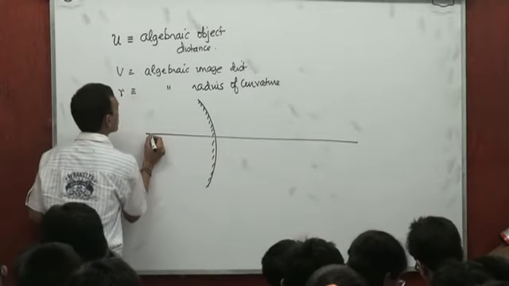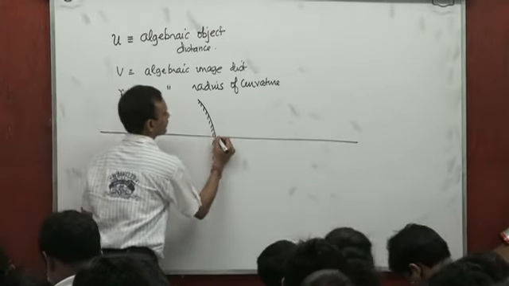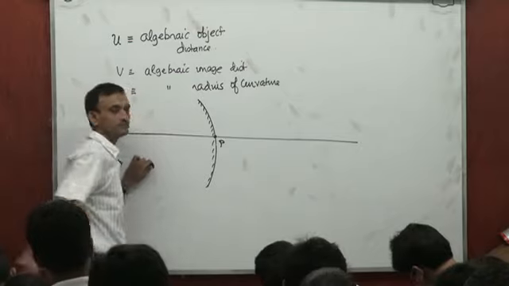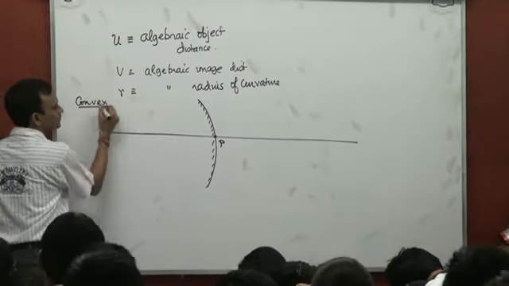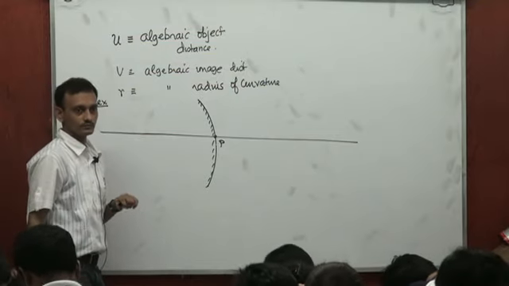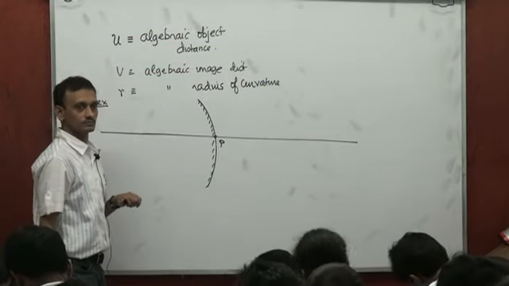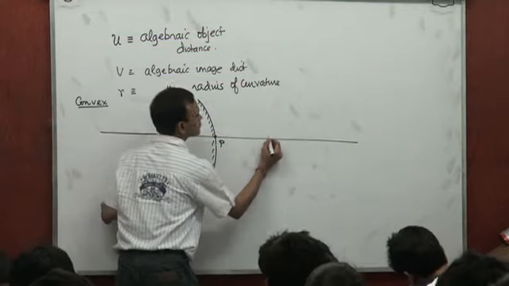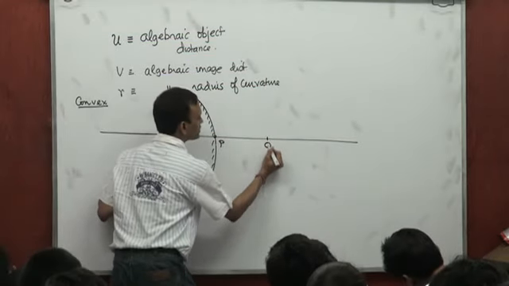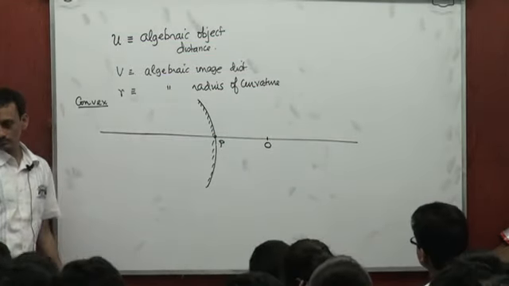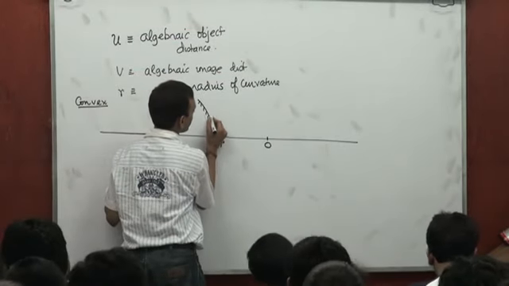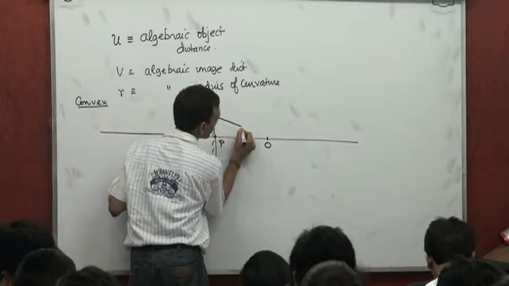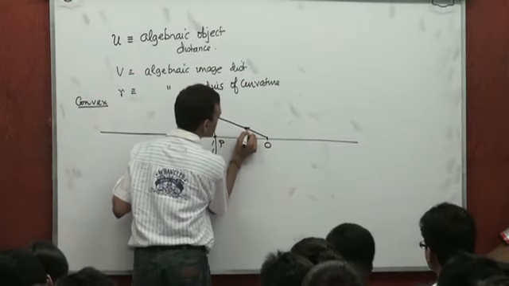Let's say this is a convex mirror, pole of the mirror. Object, one incident ray.